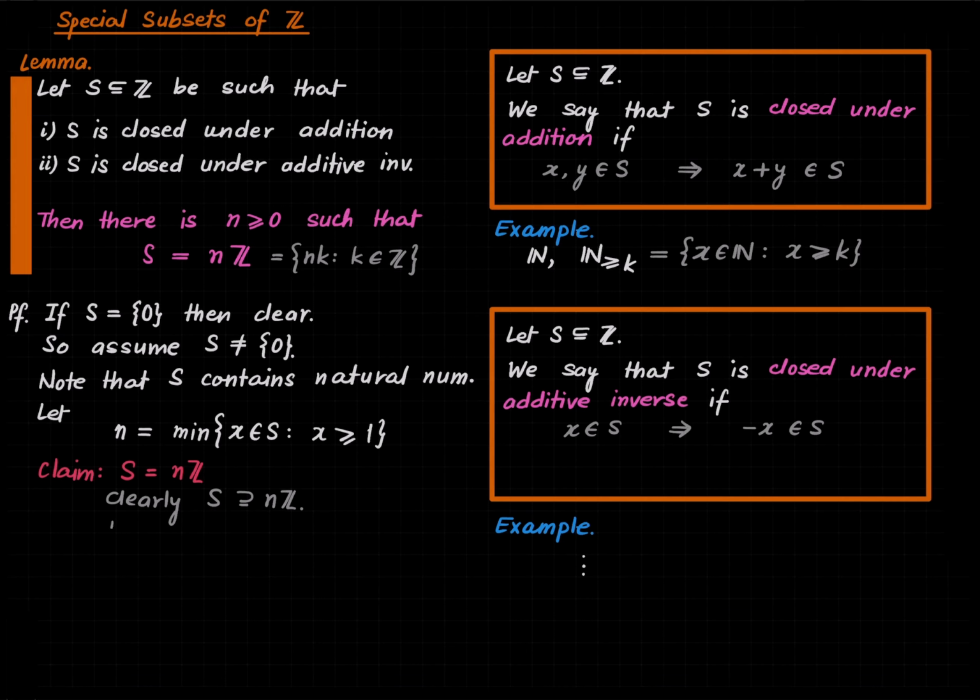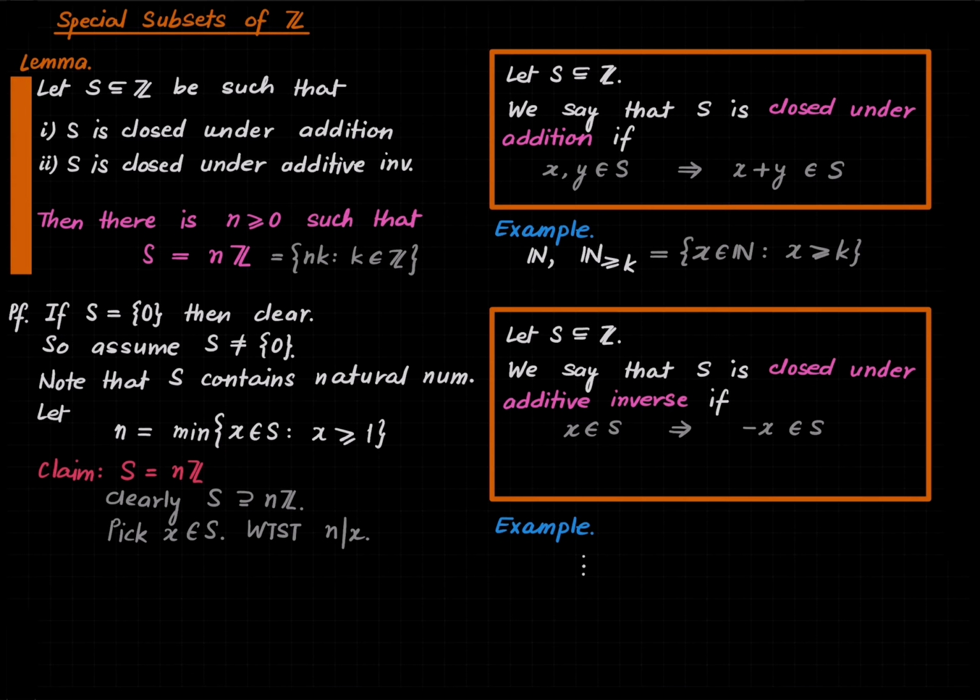So pick x in S arbitrarily. We want to show that n divides x. Once we do this, we will have proven the claim and the lemma. So what do you do when you want to say that something is divisible by something?